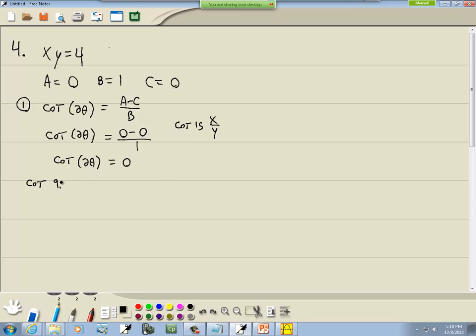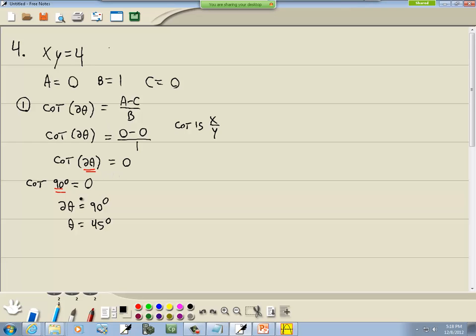So cotangent of 90 degrees is equal to 0. Well, we're then going to set this 2 theta equal to the 90. And you get 2 theta is equal to 90 degrees, or theta is equal to 45 degrees. So that's going to be our angle of rotation.